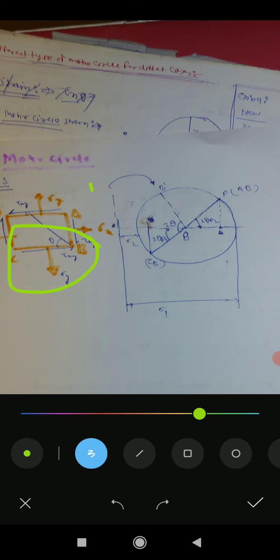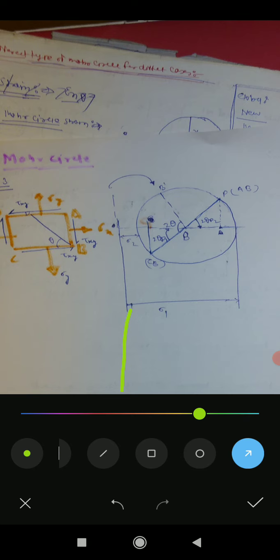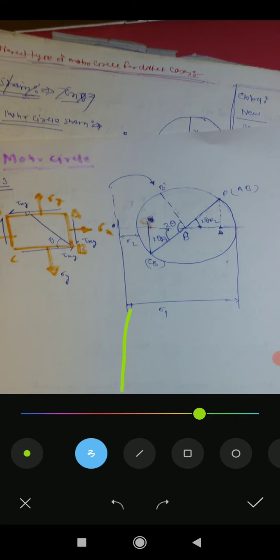So for this plane, let's say this point is Q, and this point is representing this complete plane. How? This is origin. Then for this sigma y, we traveled toward the positive side.